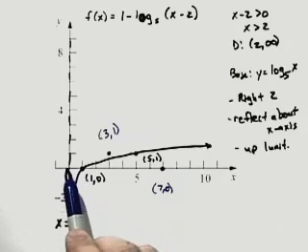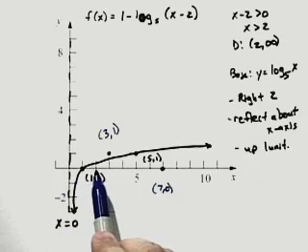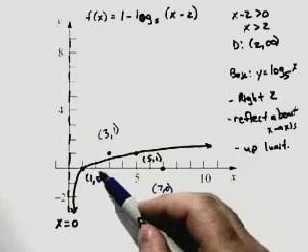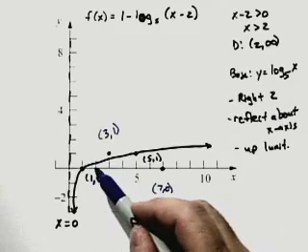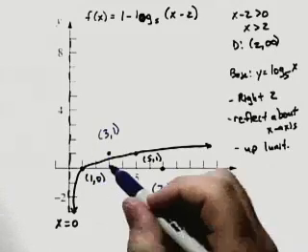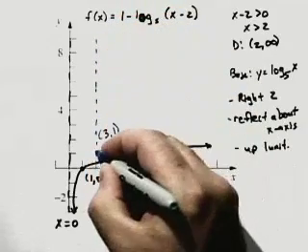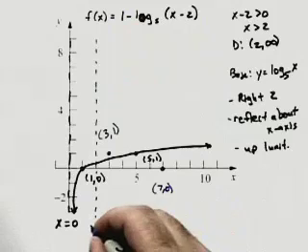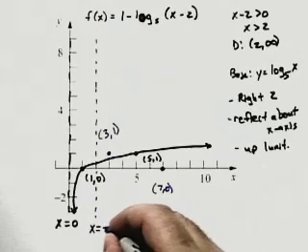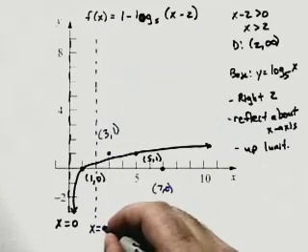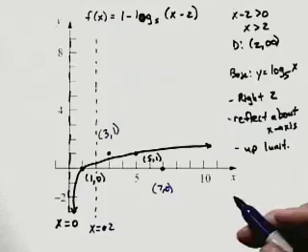If we go right 2 units, we're at x equal to 2. Reflecting about the x-axis doesn't affect the vertical asymptote, neither does shifting up 1 unit. So for our function, we have a vertical asymptote, x equal to positive 2.